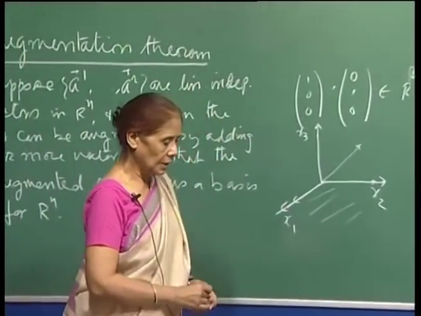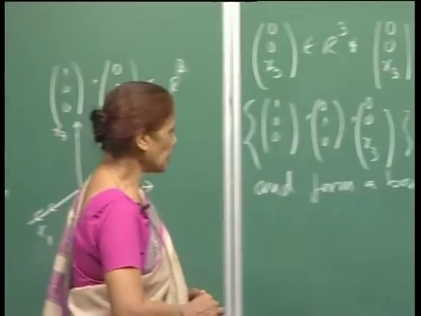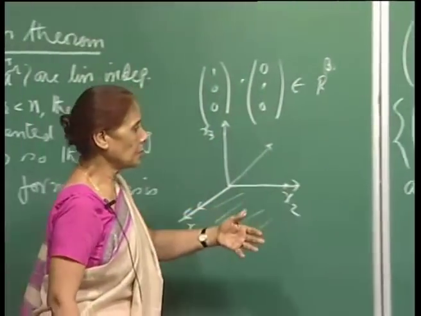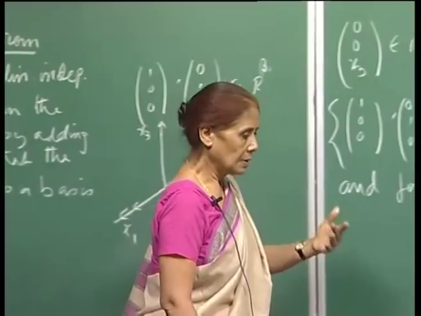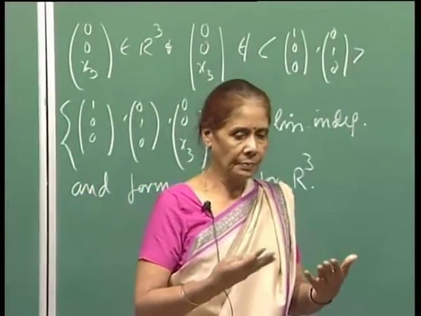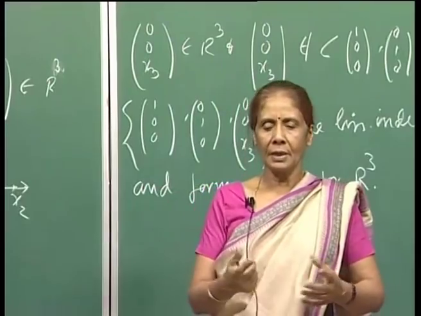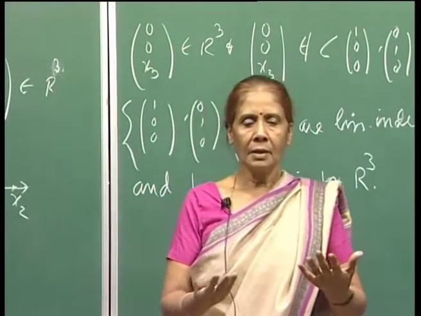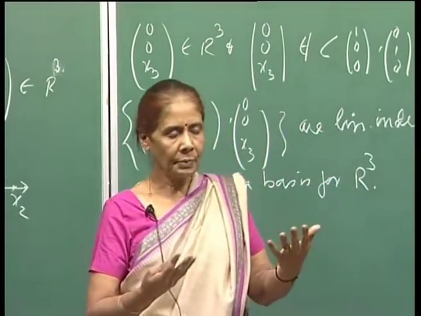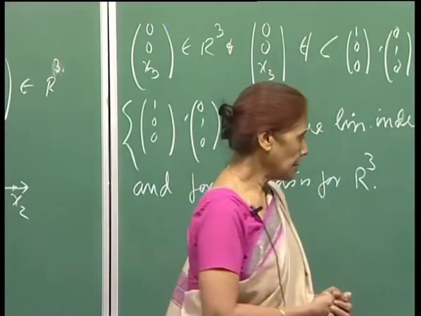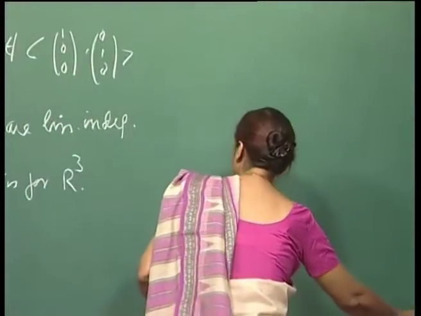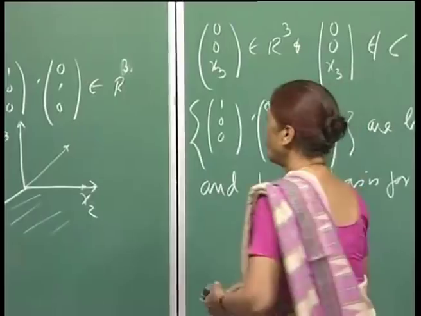So this is the idea behind the augmentation theorem, and later on we will show you how we can extend a basis for a degenerate basic feasible solution, or we can demonstrate that there can be more than one basis corresponding to one degenerate basic feasible solution, and so on. Okay. So this was your augmentation theorem.